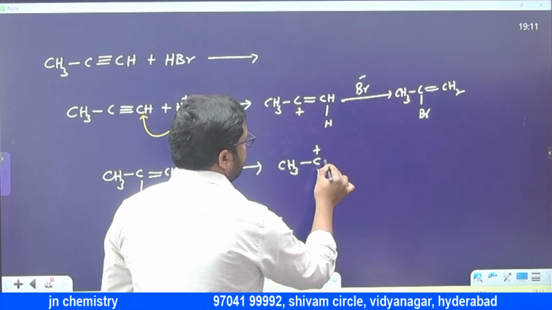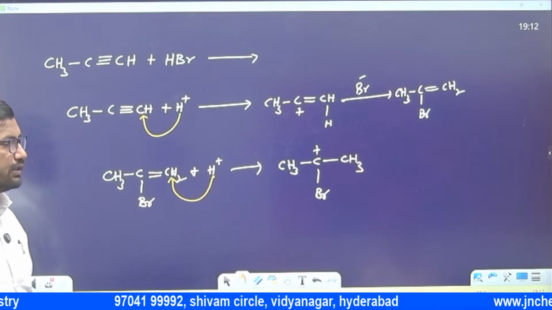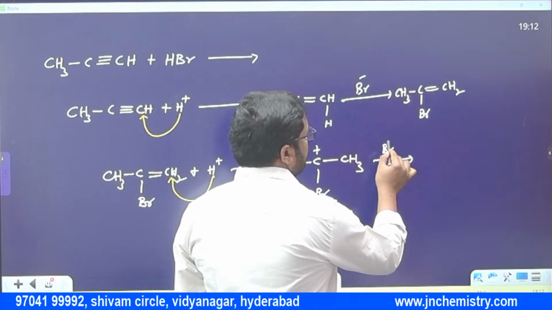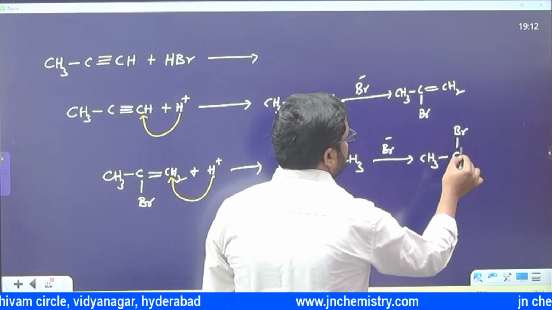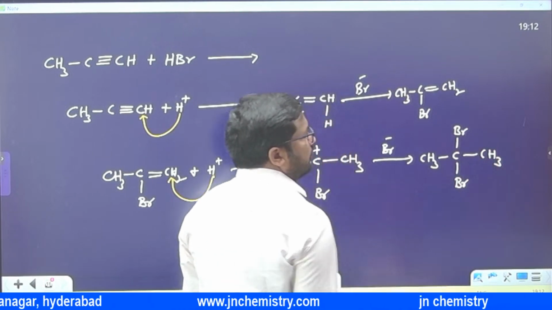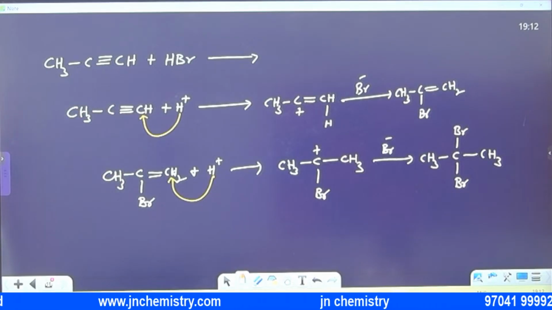This is the carbocation, here is CH3 directly, CH2 and H. So Br minus attacks, giving CH3, Br, Br, CH3. 2,2-dibromopropane. Write it down. 2,2-dibromopropane.